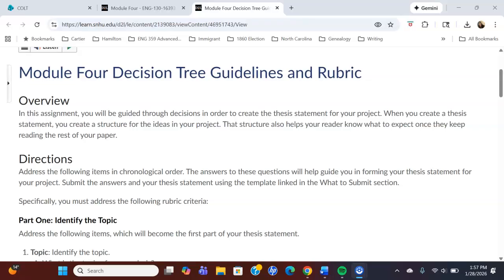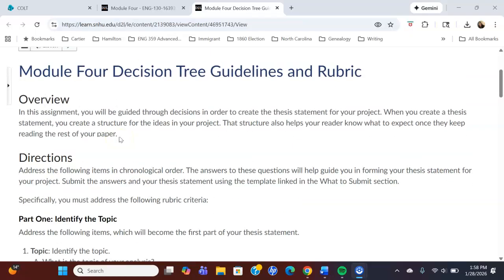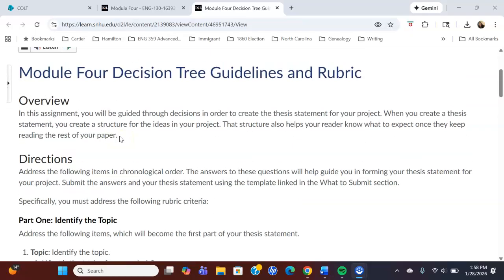The main thing I want to go over here is the Module 4 decision tree, creating a thesis statement. And I just want to emphasize here that you will be shifting your focus to an argument about your chosen piece and its success.